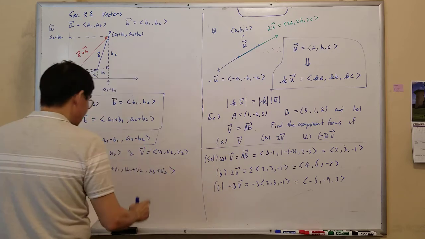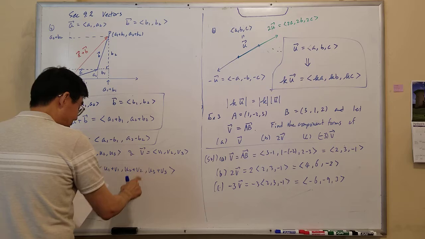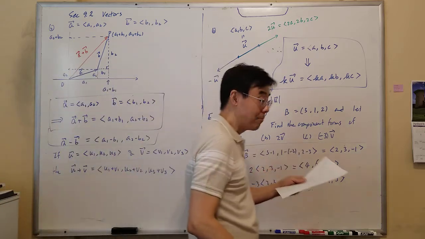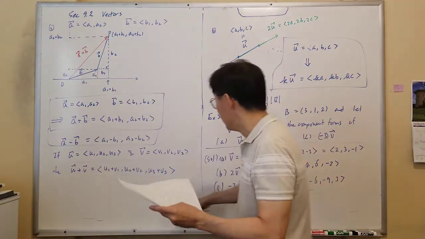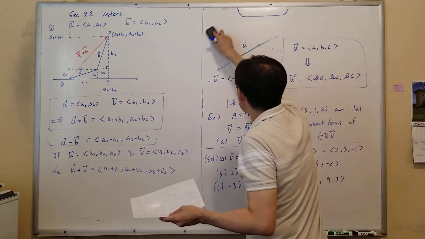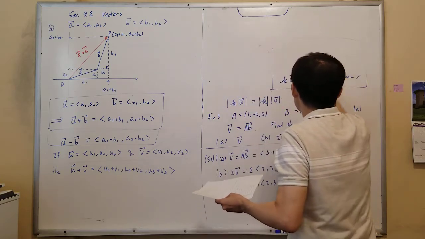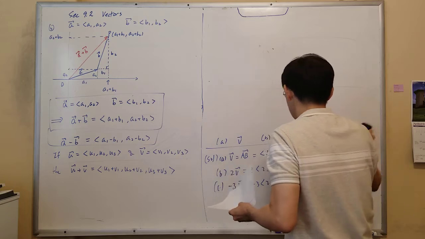All right? If you want to subtract, then subtract. Okay? This is the most important reason why we use component form of vectors.